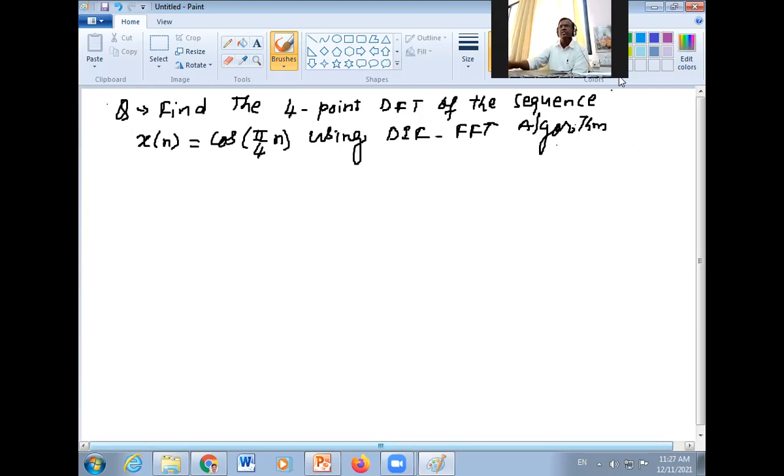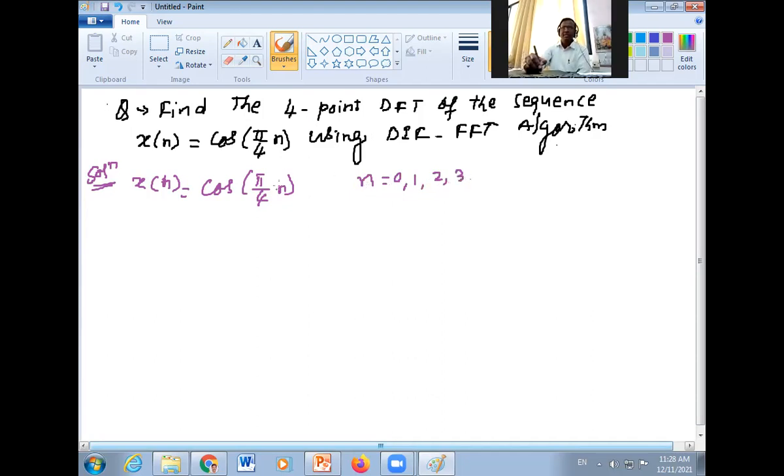So let us solve this question. Solution: as given, x of n equals cos pi by 4 n, and as it is asked to calculate the 4-point value, the value of n is going to be 0, 1, 2 and 3.